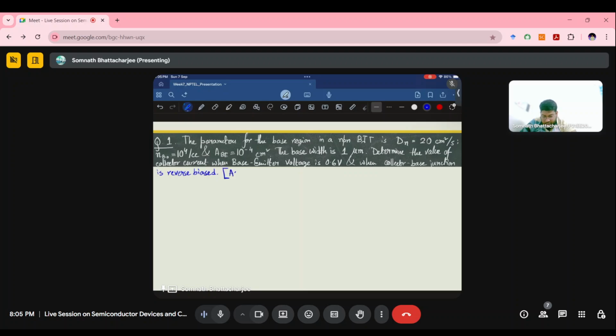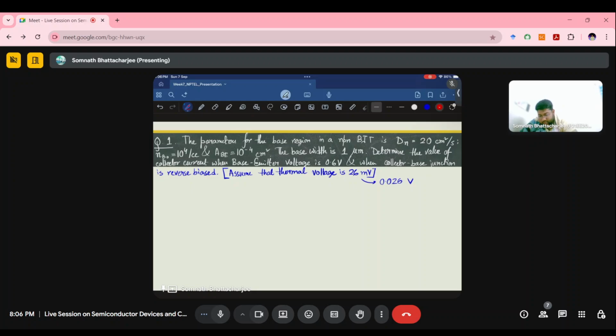In this case, you also have to assume that the thermal voltage is 26 millivolt. It is the most common constant we already know. So this value comes out to be 0.026, right? This is the most common constant here.